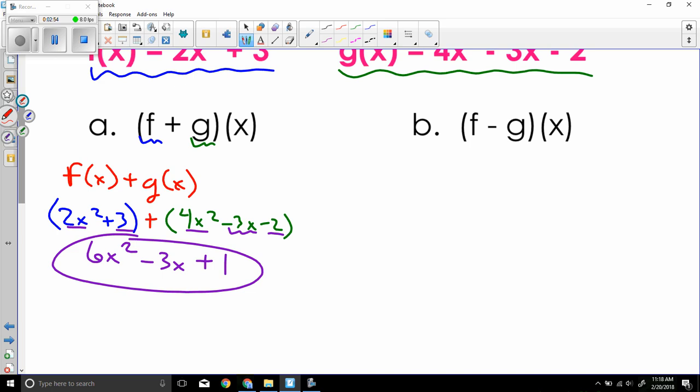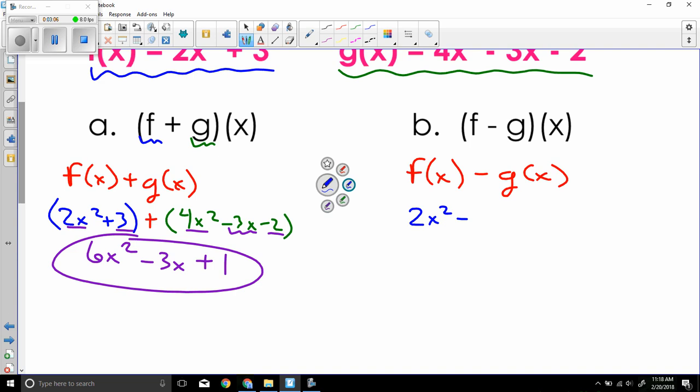Same type of idea over here with my subtraction. I have f of x minus g of x. Well, my f of x, we already discussed, is 2x squared plus 3 minus my g of x, which is 4x squared minus 3x minus 2.